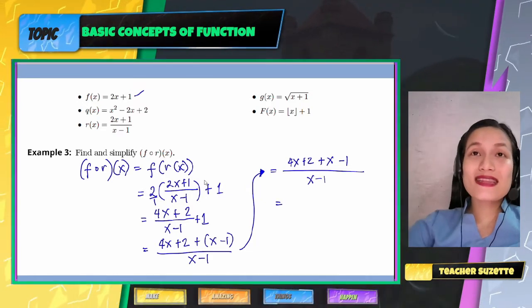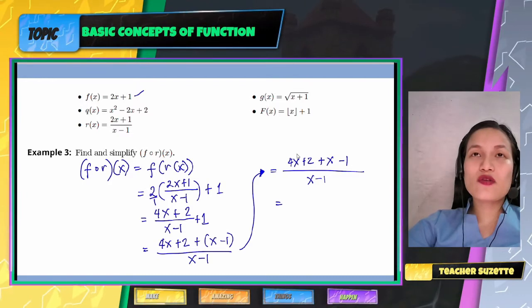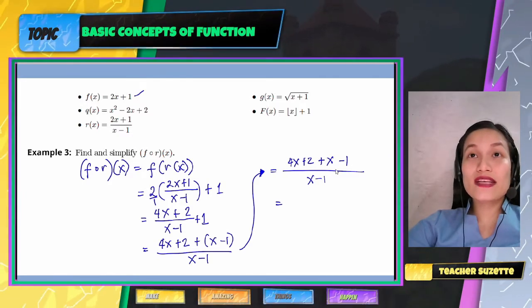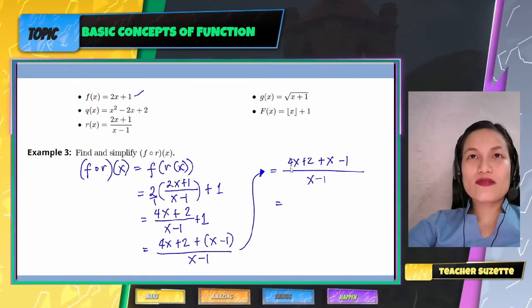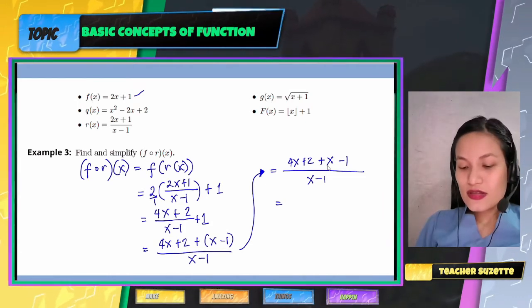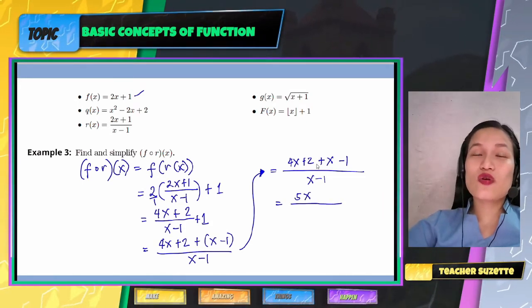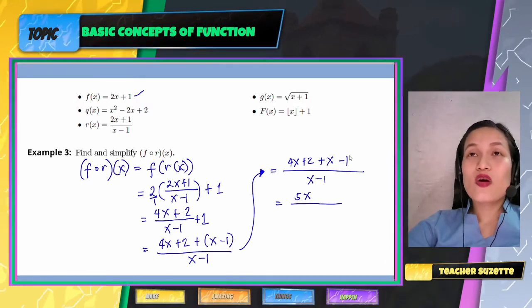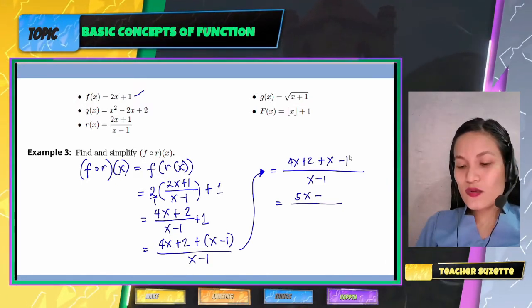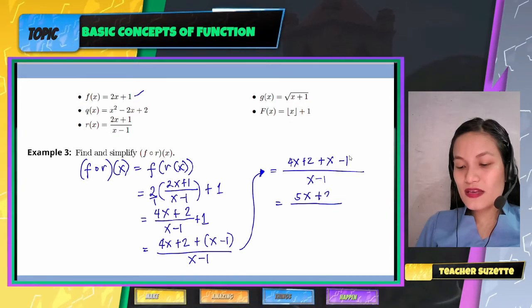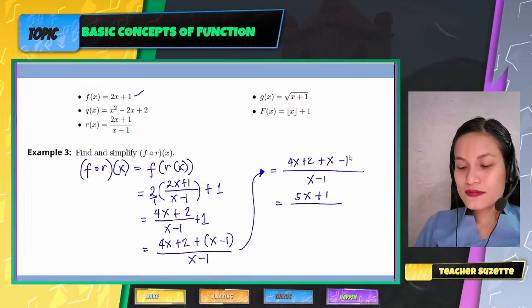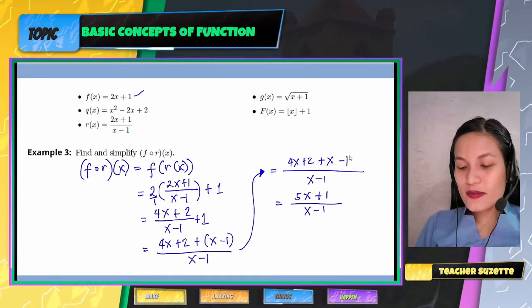So, combine natin or simplify natin siya by combining like terms like 4x and x. So, what is 4x plus x? So, that is equal to 5x. Then, combine natin yung constant na 2 and negative 1. So, that is equal to positive 1, all over x minus 1.